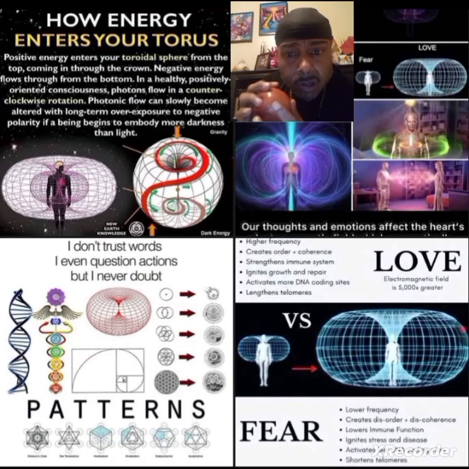Now, if you also notice, the two points of the toroid intersect in the center, and it's kind of like a transmutation point. It's a point of manifestation, and it's also where the poles are obviously perfectly balanced.